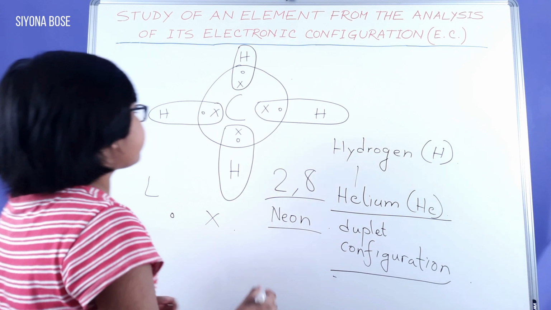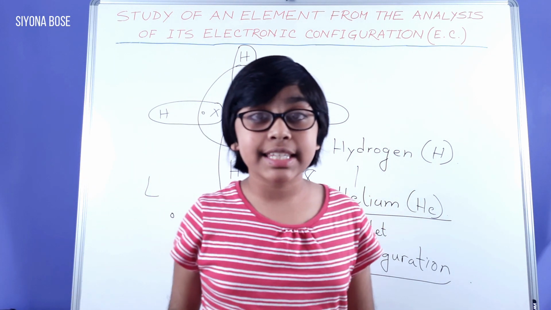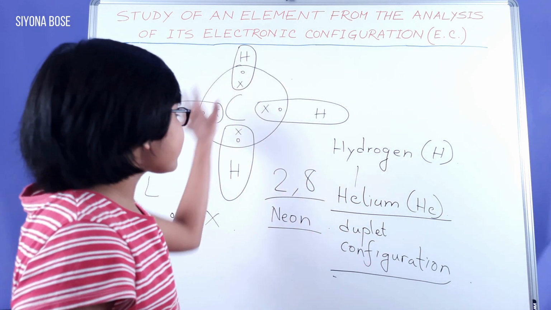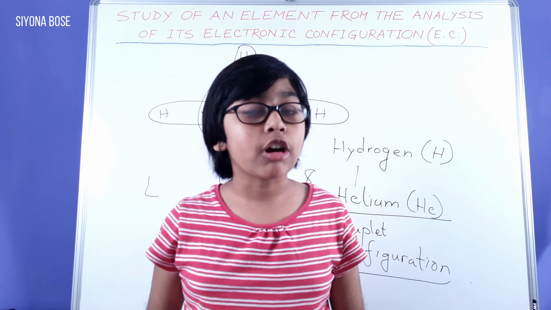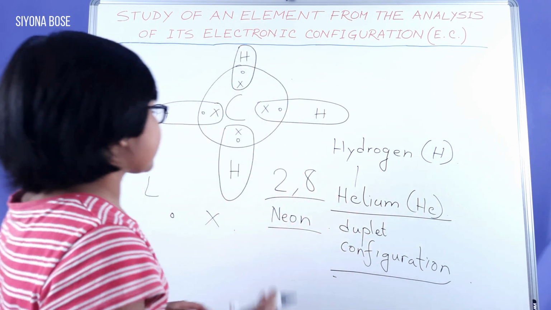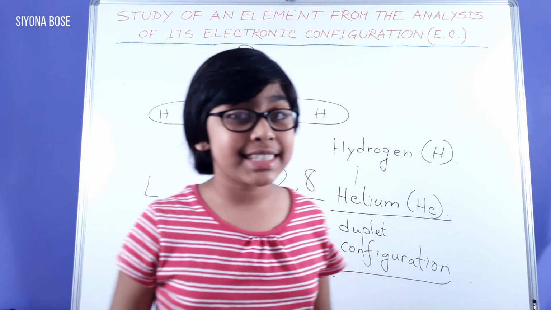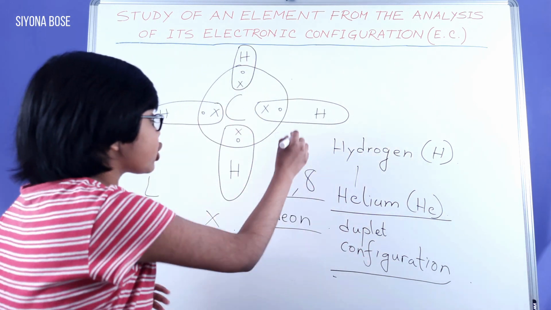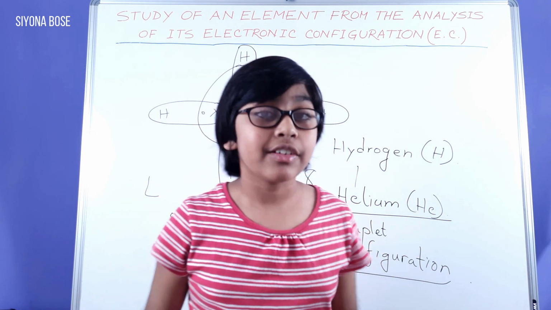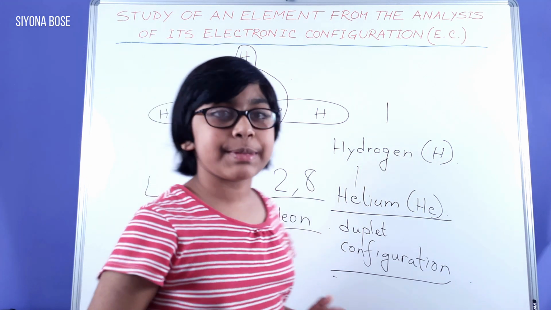And also, carbon has a valency of 4, and hydrogen has a valency of 1, and both valencies have been satisfied.